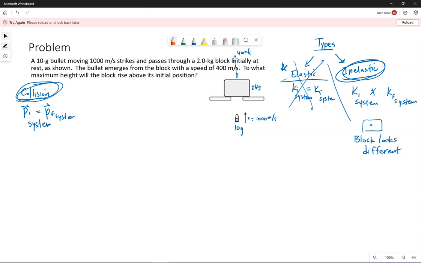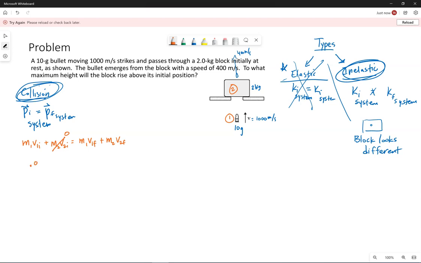So if I say the bullet is object 1, the block is object 2, I'm going to say that m1 v1 initial plus m2 v2 initial is going to equal m1 v1 final plus m2 v2 final. I know the block is not moving initially, but the bullet is.